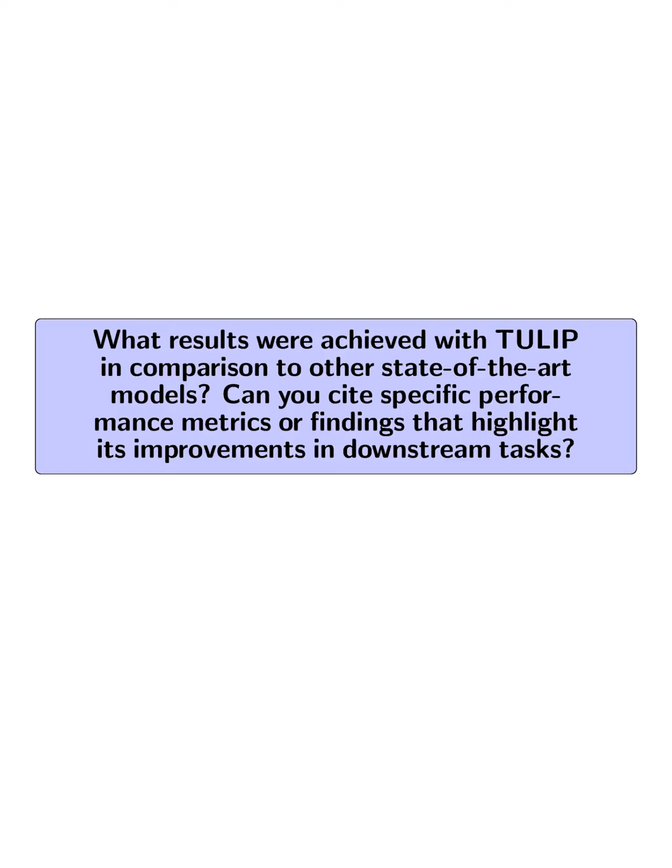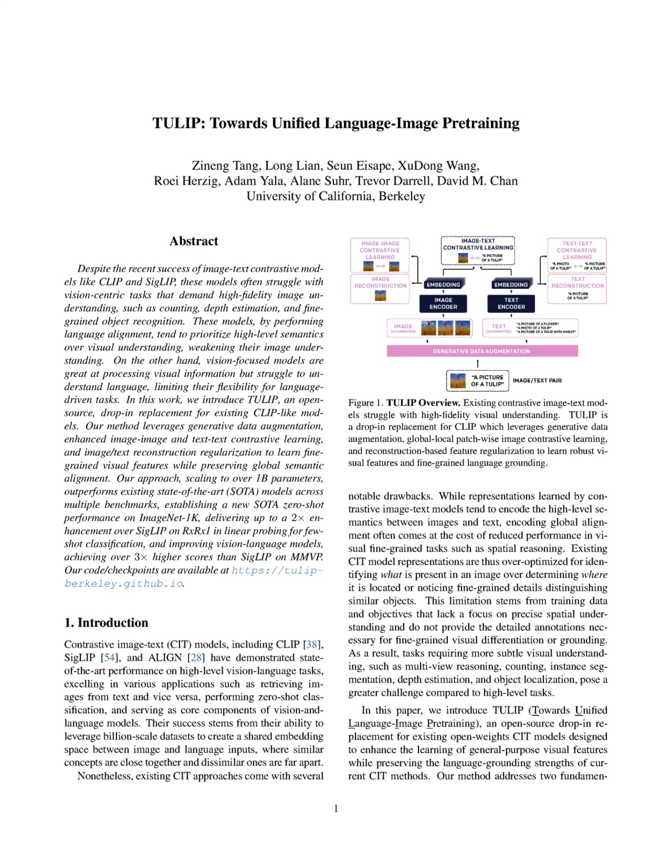What results were achieved with TULIP in comparison to other state-of-the-art models? Can you cite specific performance metrics or findings that highlight its improvements in downstream tasks? TULIP demonstrated superior performance compared to existing state-of-the-art, SOTA, models across various benchmarks.